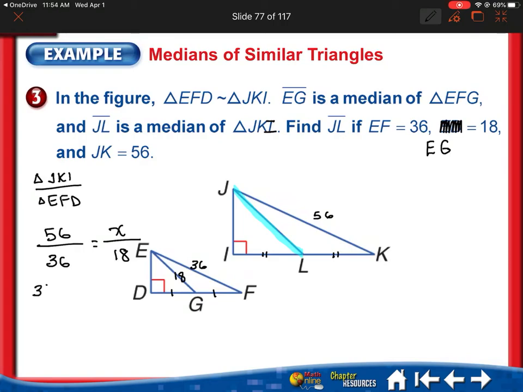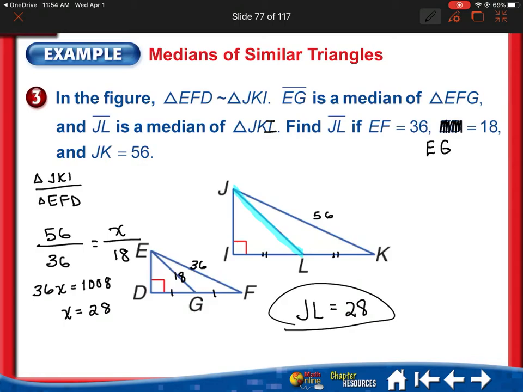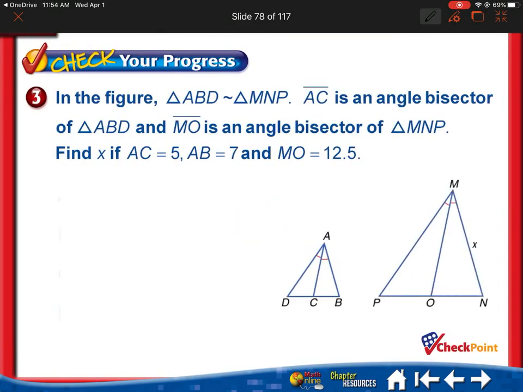If we cross multiply, we get 36x is equal to 1008. Divide both sides by 36, and we get that x is 28, so therefore JL is equal to 28, whatever units that is. All right, so take a moment, pause the video, work on your turn.